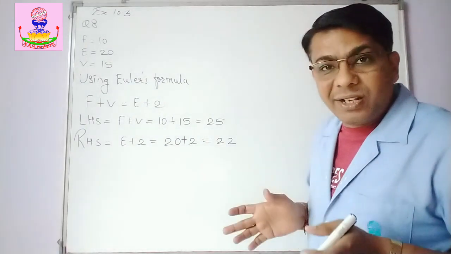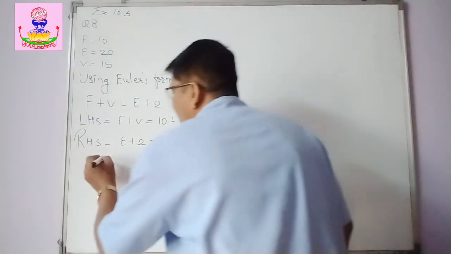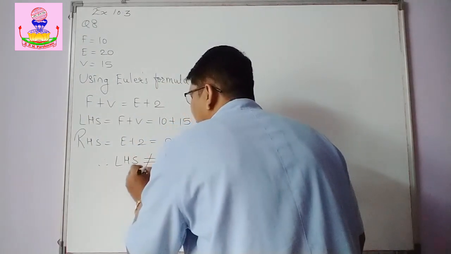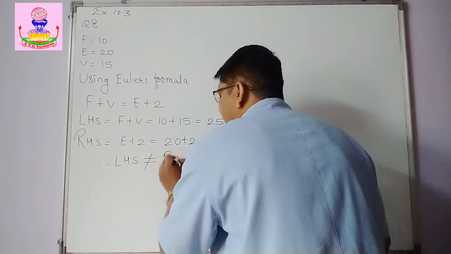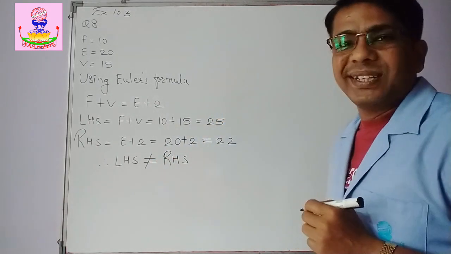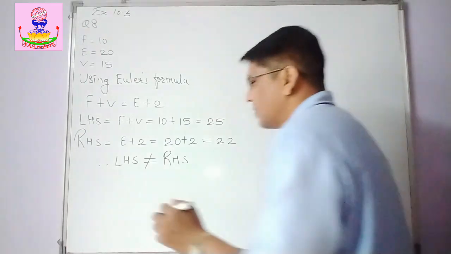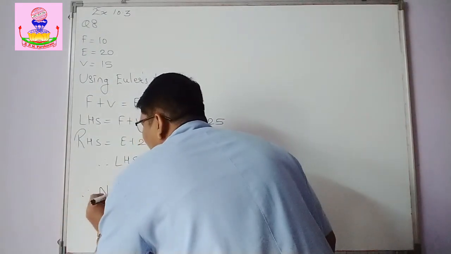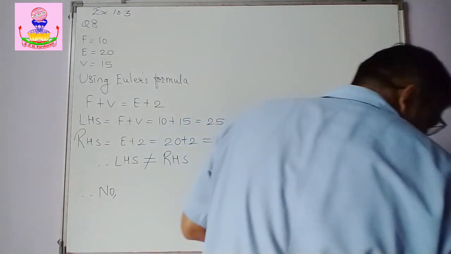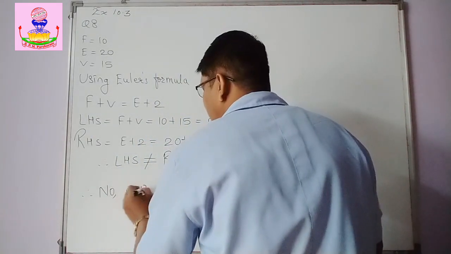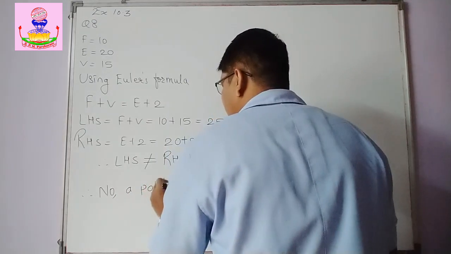LHS is 25, RHS is 22. Are they equal? No. So therefore, LHS is not equal to RHS. So what can you say? No, it cannot have. So therefore, no. My final answer, no.